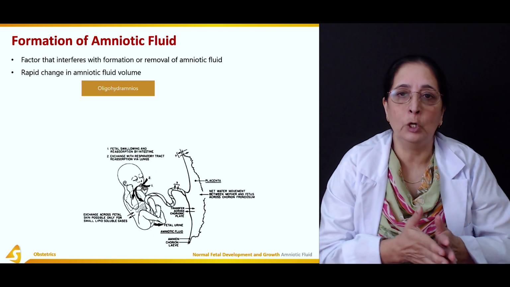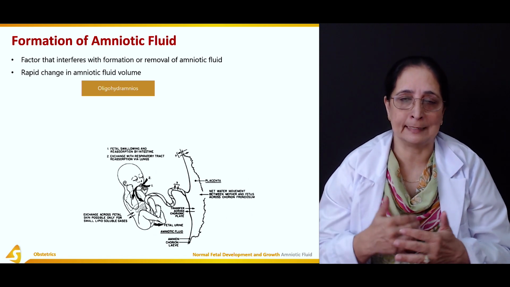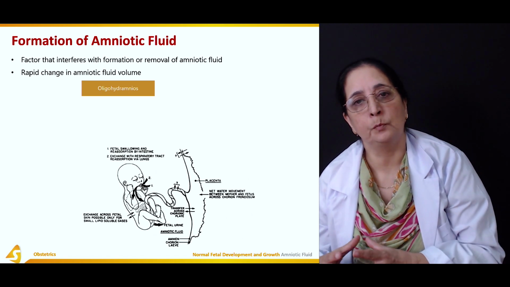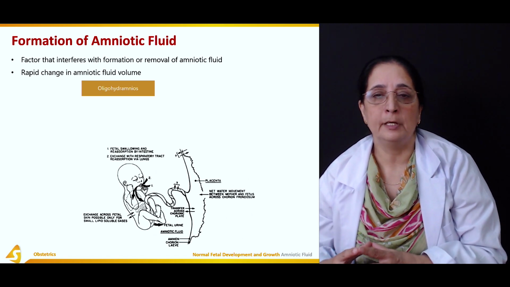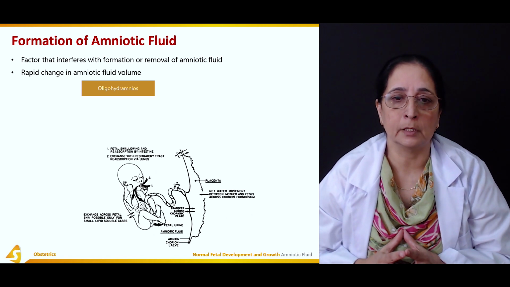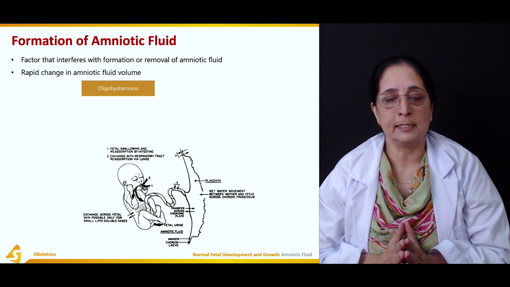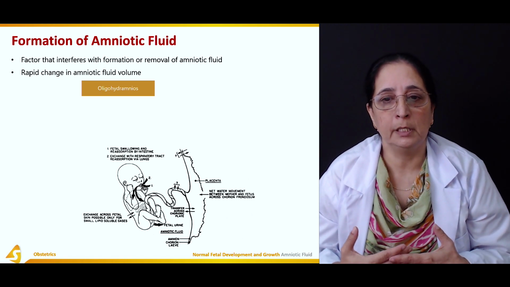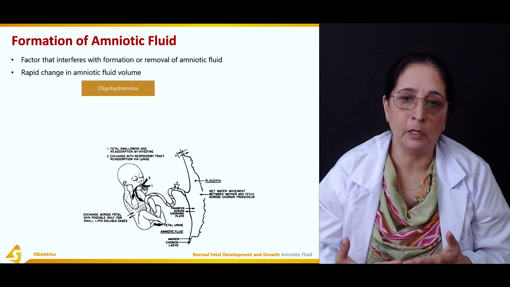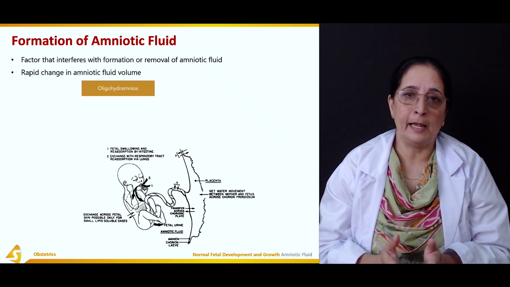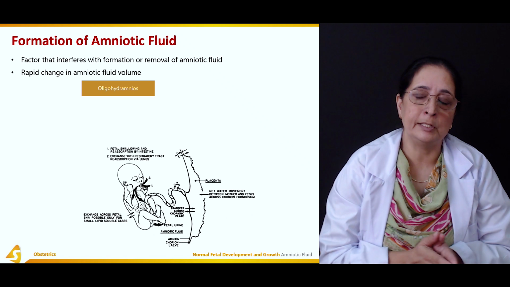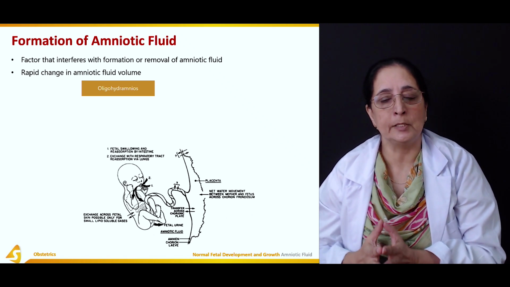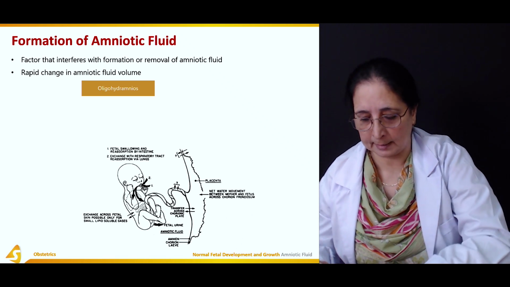One is oligohydramnios, which is scanty or less amniotic fluid, and the other is polyhydramnios, which is increase in the amniotic fluid level. If less is produced, it leads to oligohydramnios. If more is produced, it leads to polyhydramnios.